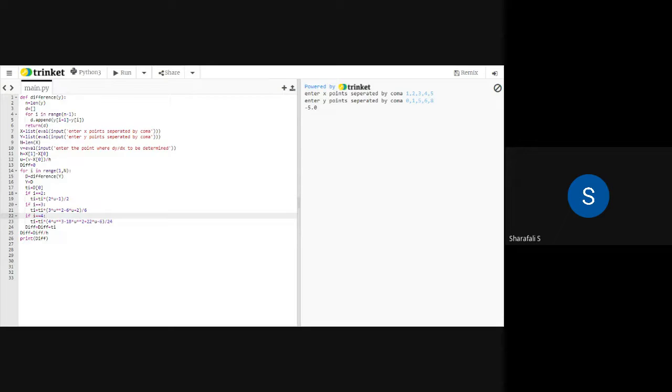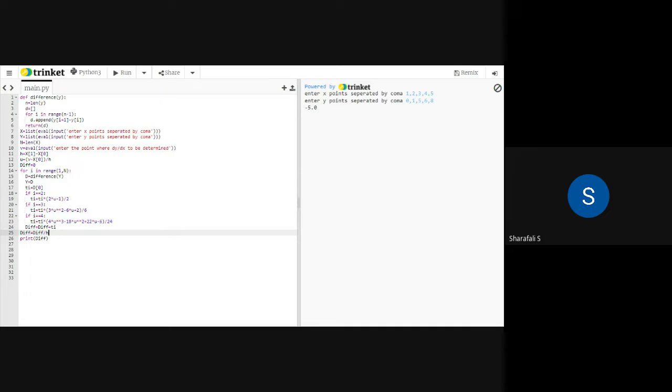So it will directly go to this step: differentiation equal to initial differentiation plus Ti. Now Ti is 2u minus 1 by 2 times delta square y0. That is your Ti now. That will be added with the previous differentiation value, that is nothing but delta y0.